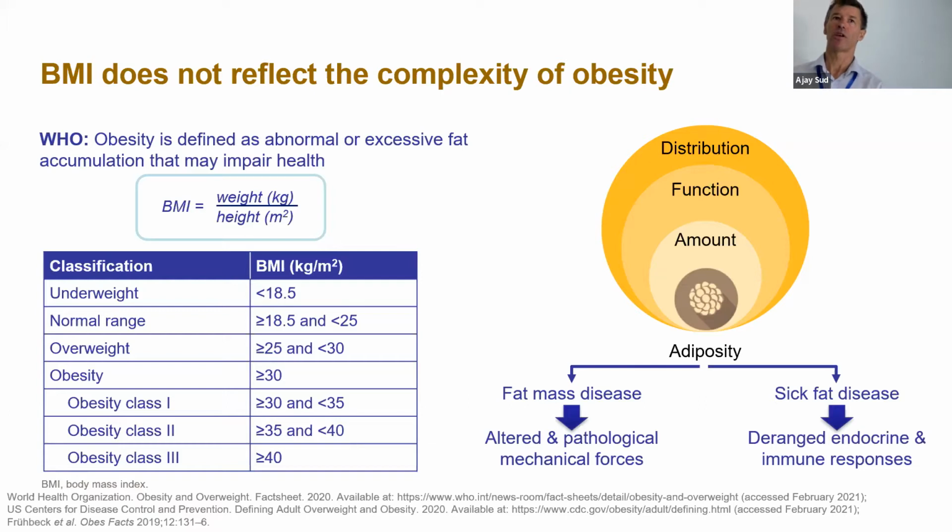And of course, if we're thinking about obesity as a disease, we have to think about the fact that it's not just how big you are, it's also about where that fat is distributed, because we know that, for example, if you are likely to put fat in the abdominal region, that's more likely to be associated with fat deposition in the visceral organs, such as the liver, the pancreas, muscle, and so on, that then affects function.